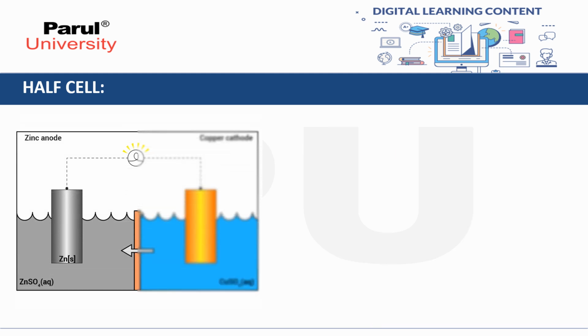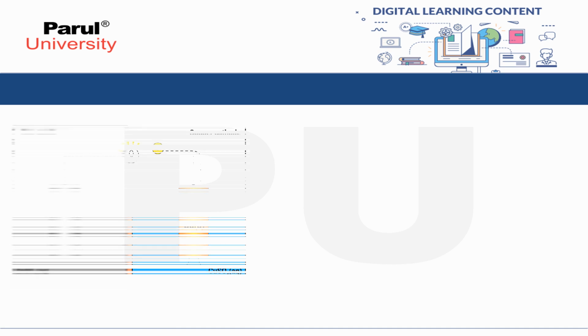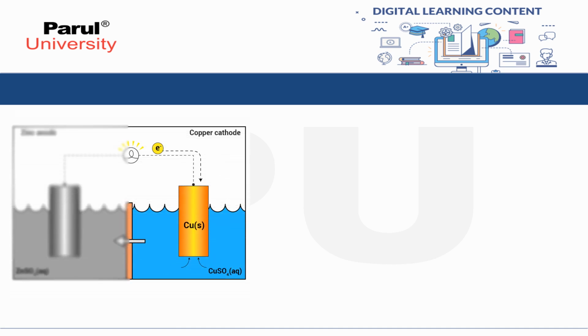As we can see here in the animation, the zinc anode is behaving as oxidation half cell. Here the zinc electrode is getting deteriorated or oxidized, and the Zn2+ ion is released in the solution. As the Zn2+ ion is released into the solution, the electron is transferred through the external electric circuit towards the other electrode. The other electrode is copper, which behaves as cathode.